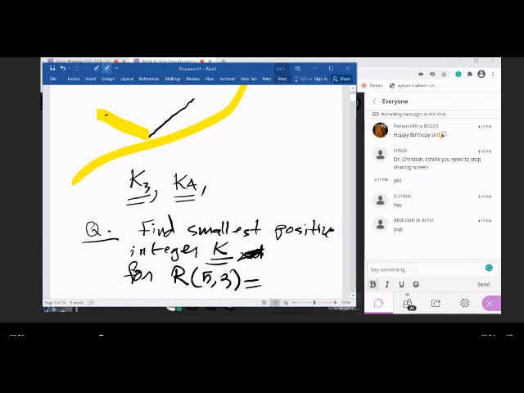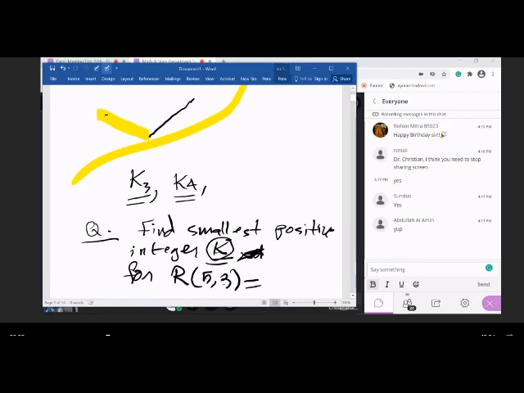I want to explain it, as I told you, not in graph language, but in unofficial, street language. Imagine you went to a conference and you want to know the smallest number of participants, that's k, where for sure there are 5 persons who all know each other, or there are 3 persons, none of whom know each other.